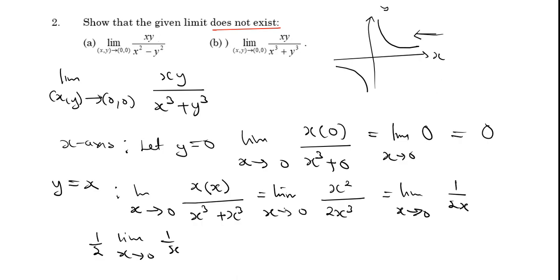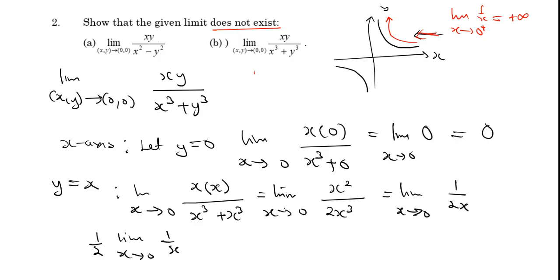When I approach from the right, so when I approach 0 from the right, I indicate positive there. What am I going to get? This function goes to positive infinity. That is 1 over x if I approach from that side.